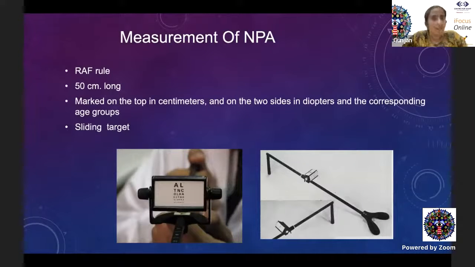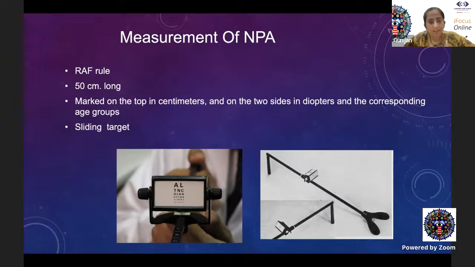How can we measure the near point of accommodation? There is the RAF rule, that is the Royal Air Force rule. It's a 50 centimeter long rule, marked on top in centimeters. On both sides, diopters are mentioned according to the corresponding age groups.